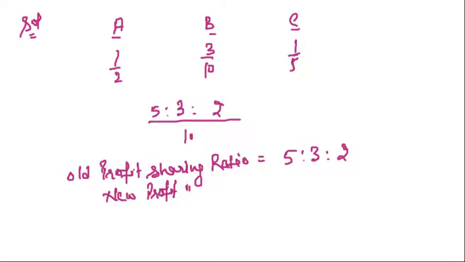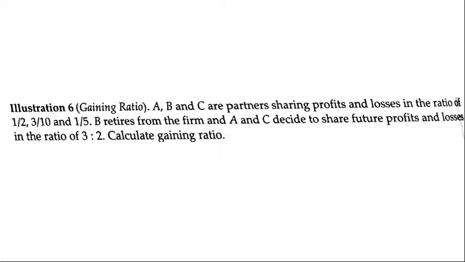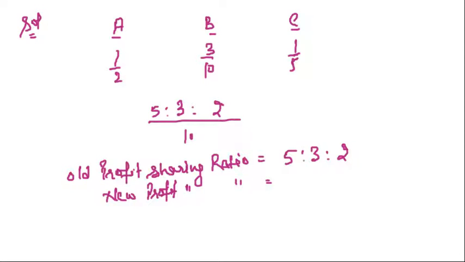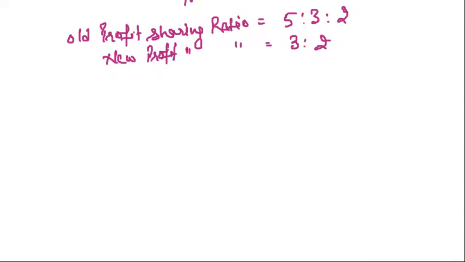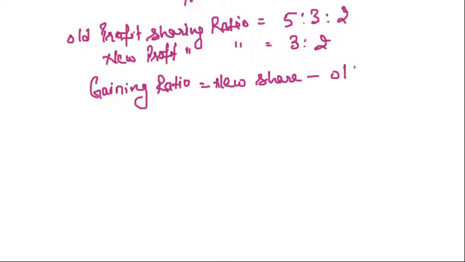What is the new profit sharing ratio? We are given the new profit sharing ratio is 3:2, right? So you can calculate the gaining ratio, which will be new share minus old share.